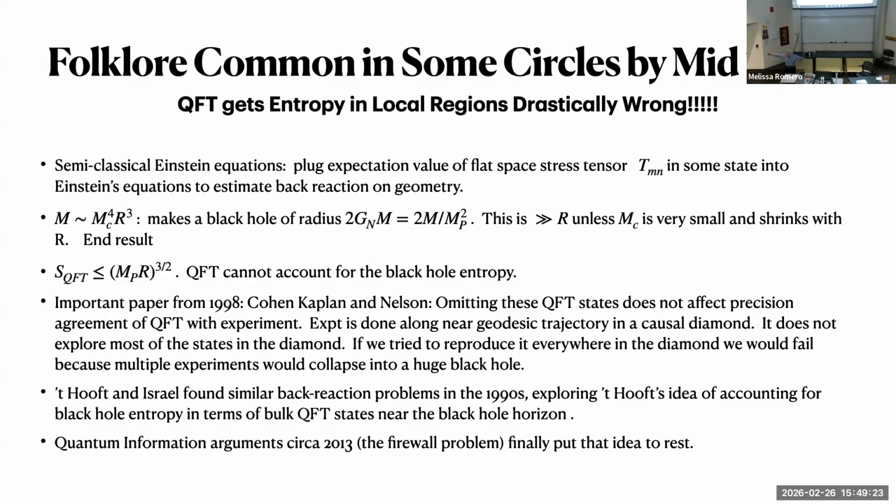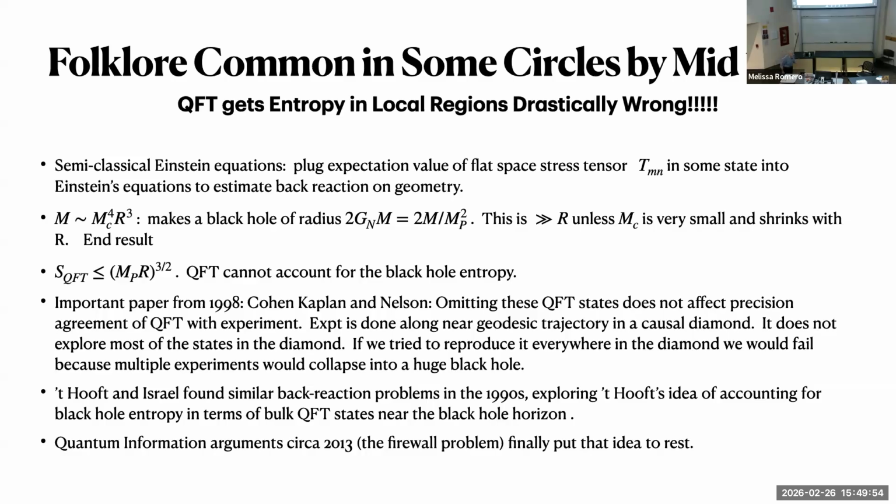The black hole Schwarzschild radius is proportional to its mass. So if I do that, I can then calculate how much quantum field theory entropy I'm actually allowed in that region. And it's not enough to even account for the area on the boundary of that region, which is what I would have expected if there were a black hole in that region.